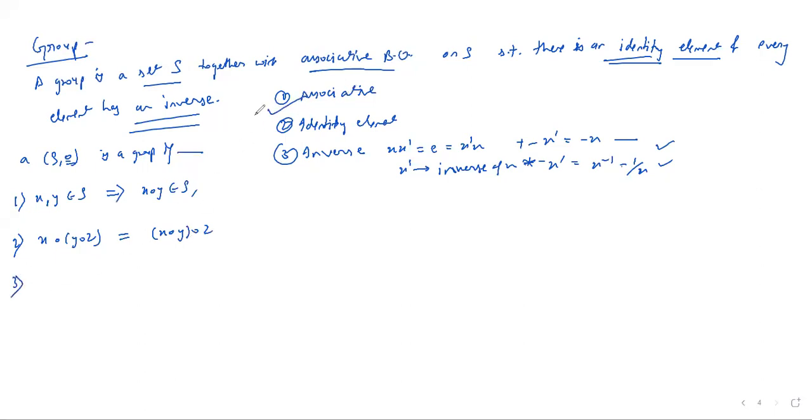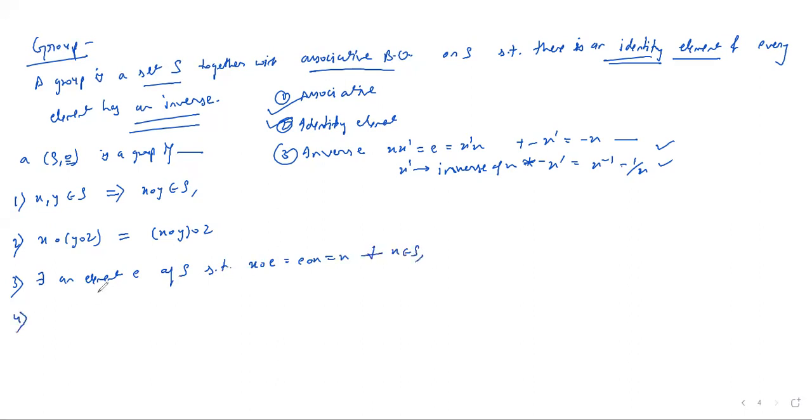And the third one is that it possesses an identity element, so there exists an element e of S such that x o e equals e o x equals x for all x belongs to S.